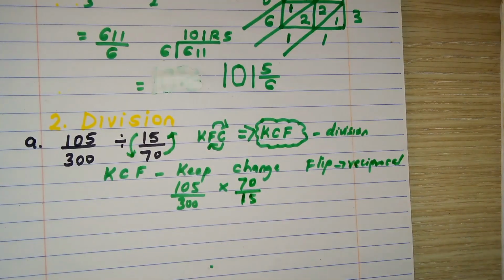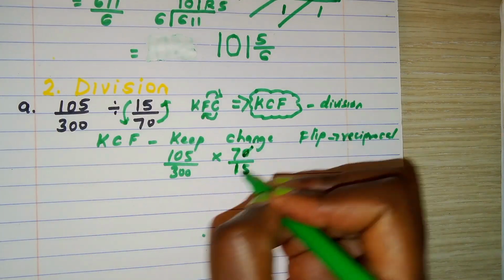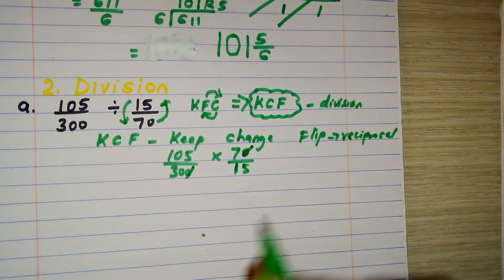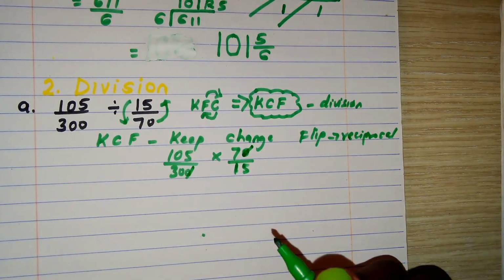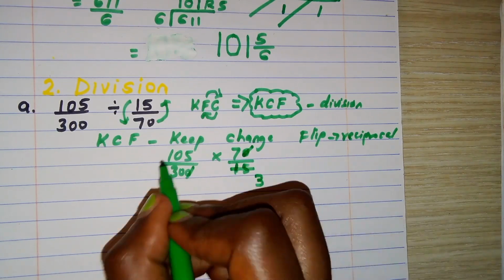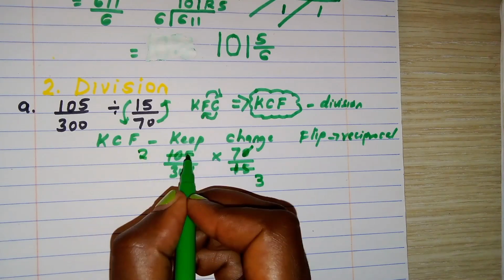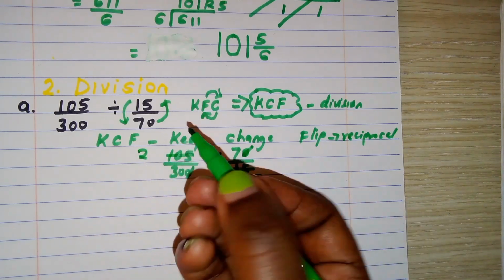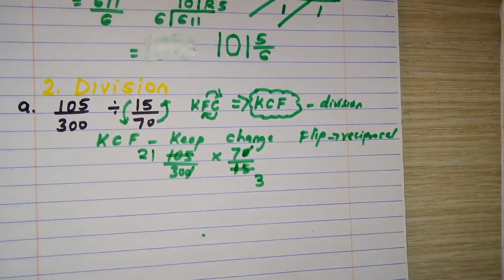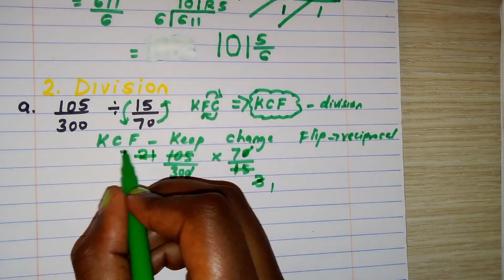Then you go ahead and we can do the cross cancellation. So here we can cancel 10, we can cancel the zeros, and then we can cancel maybe by 5. Divide by 5 is 3, divide by 5 is 10, divided by 5 is 2, 5 divided by 5 is 1, and then we can do divide by 3, 1 divided by 3, 7.